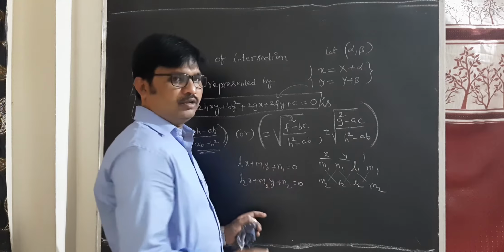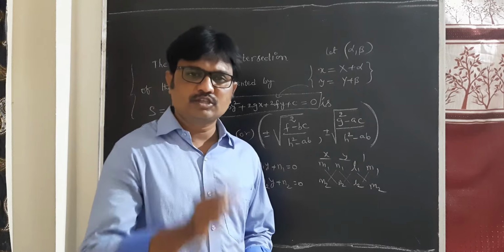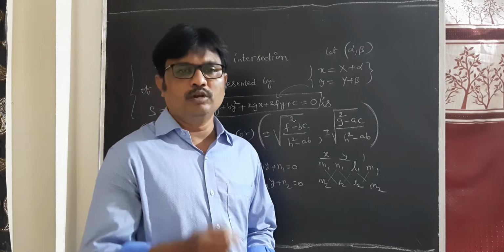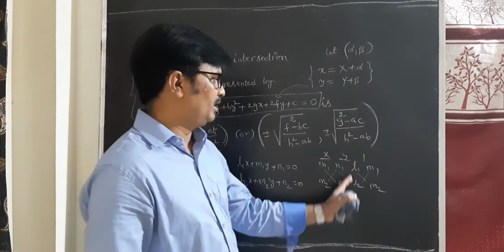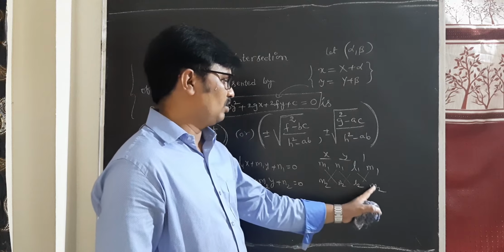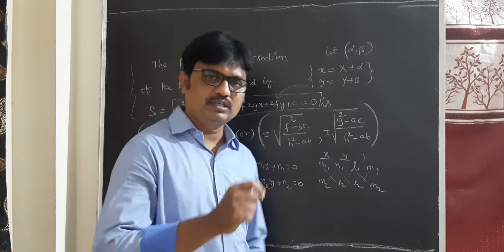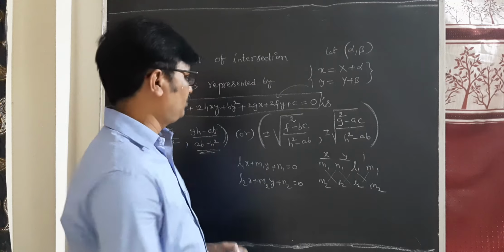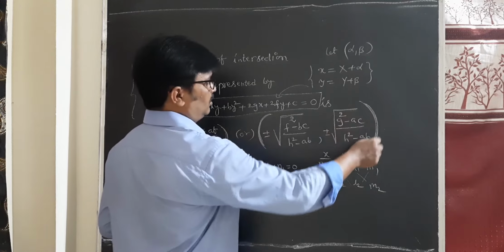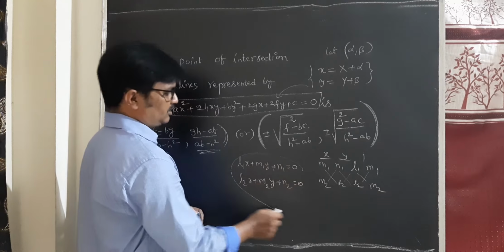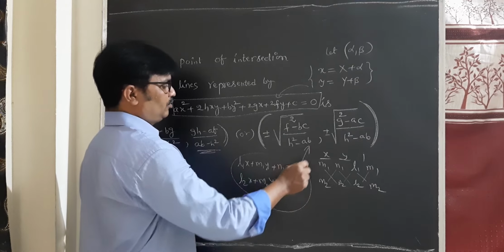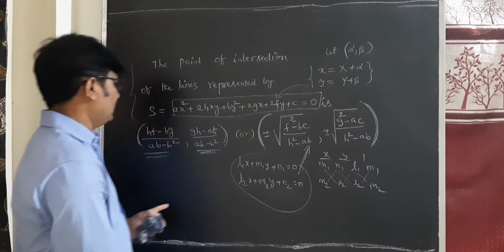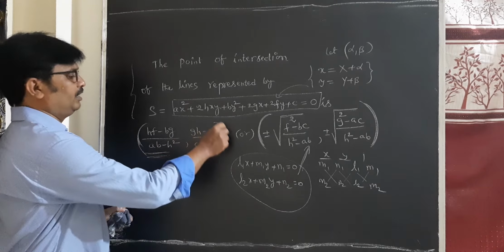After simplification, a minus b can be written as square root of (a plus b) whole square minus 4ab. The denominator L1 M2 minus L2 M1 is also square root of (a plus b) whole square minus 4ab. Okay students, the point of intersection we got directly, but we have to use this many times.